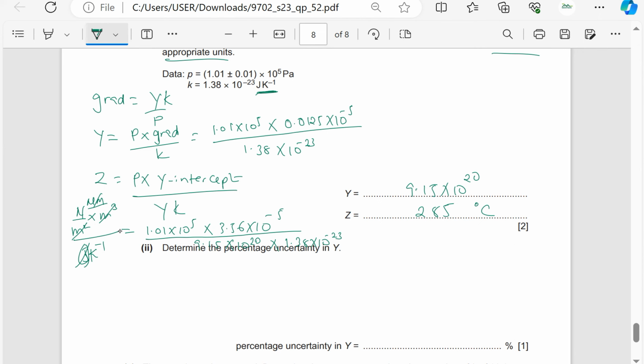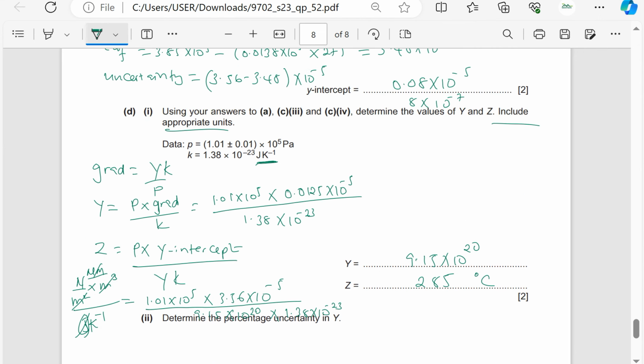Then this one, let's check this for Y. P is newtons over meters squared. The gradient has meters cubed on the y-axis divided by degrees Celsius on the x-axis.